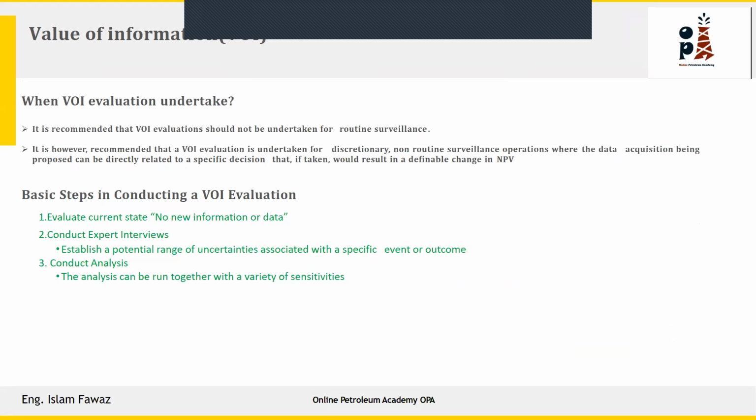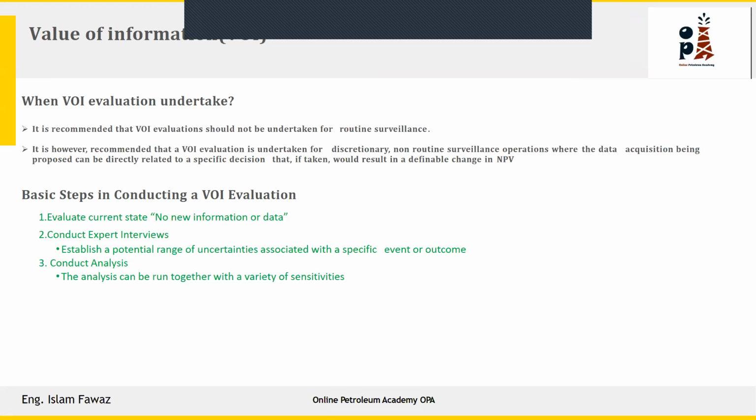For routine surveillance, value of information is not required because this is routine data, like pressure data, water cut, bottom hole flowing pressure, and any other routine data. But for ad hoc or non-routine data, we invest big money, so we justify the value of running the piece of information or running the tool in the well.